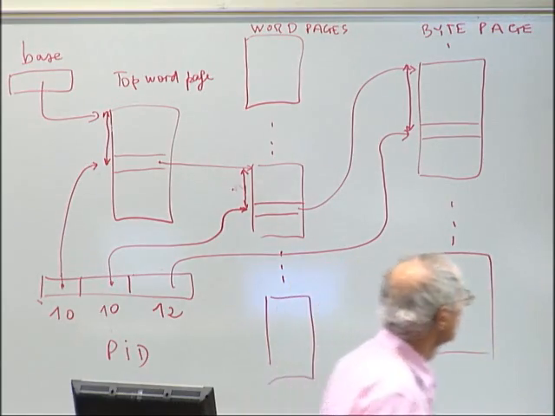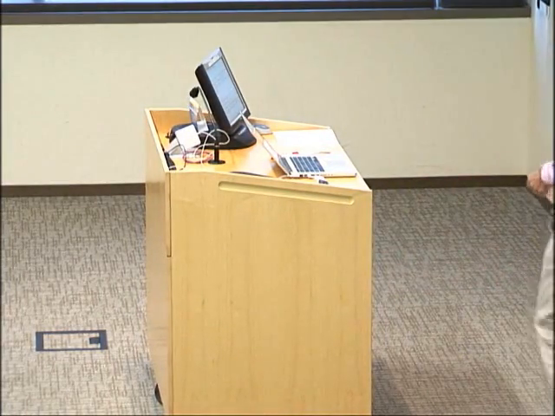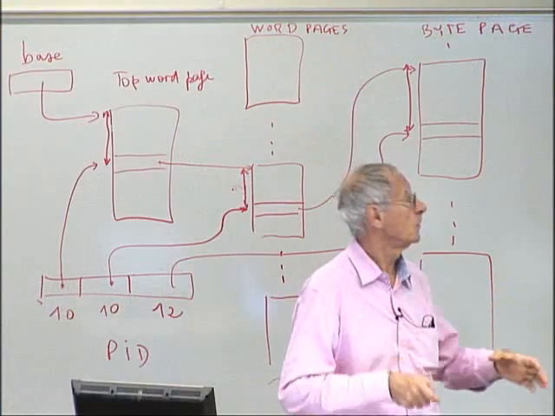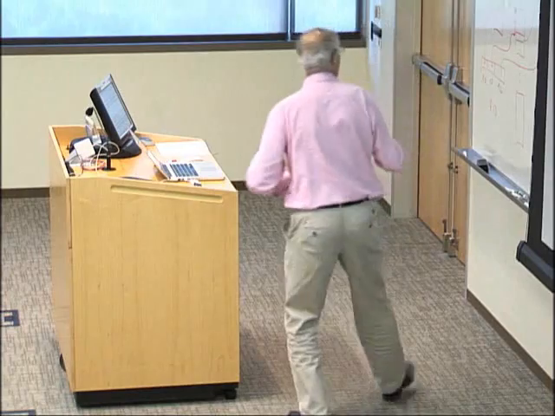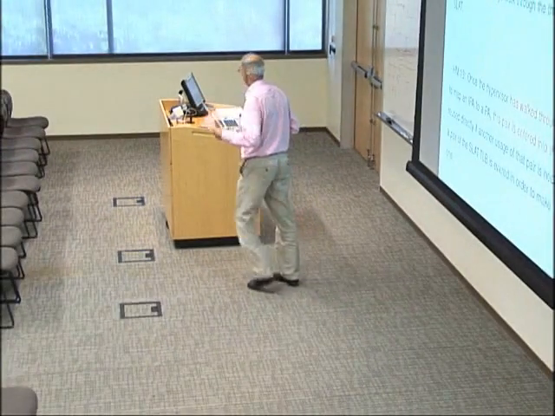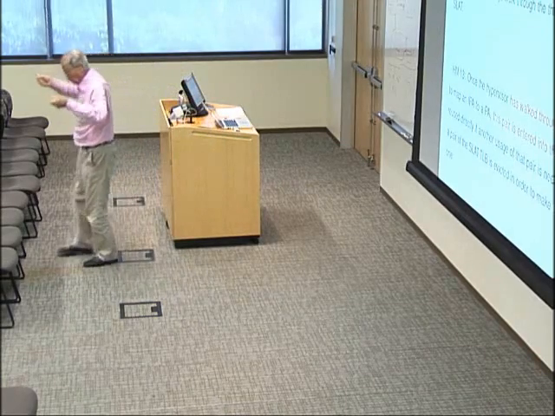So there is something called the TLB, what's the name? Translation lookaside buffer. This is an associative memory, a short associative memory of the size of 16 or 32, which maps directly an IPA to a PA. So when you walk through this, if it was not in the TLB, you push this into the TLB.